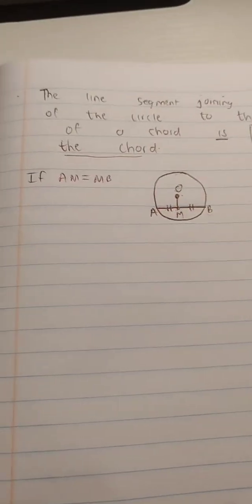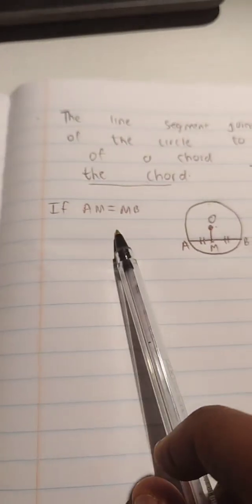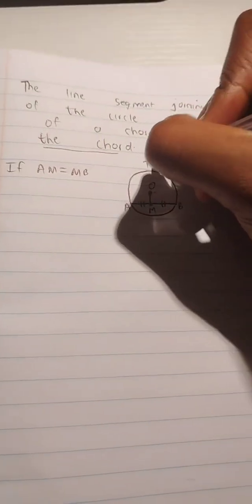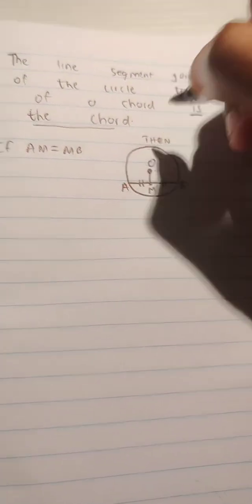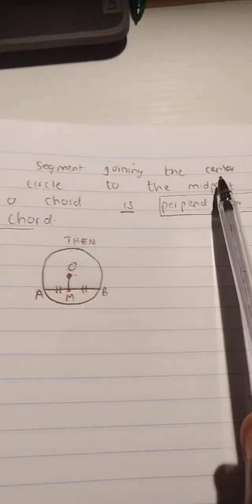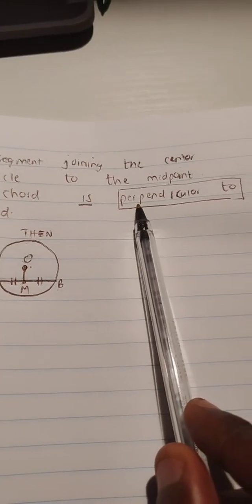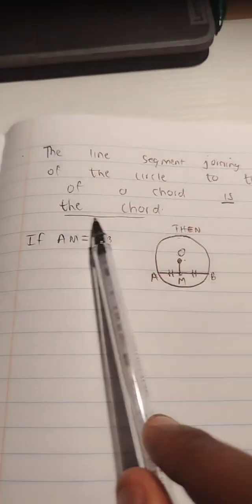So in other words, this time round they are saying if AM is equal to MB. Do you see that this time round the if part has changed? If AM is equal to MB, then what can we conclude, guys? According to this statement, the line segment joining the center of the circle to the midpoint of a chord is perpendicular to the chord. So what can we conclude?